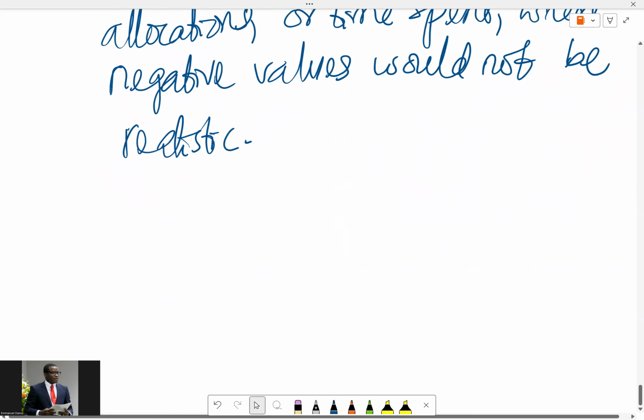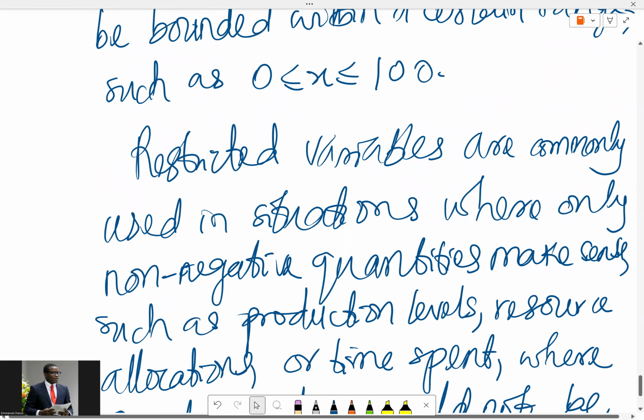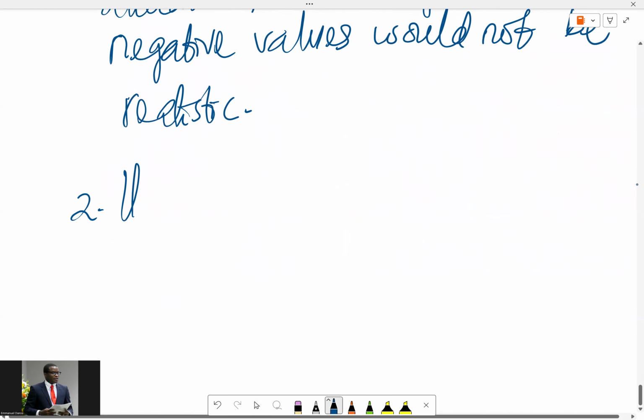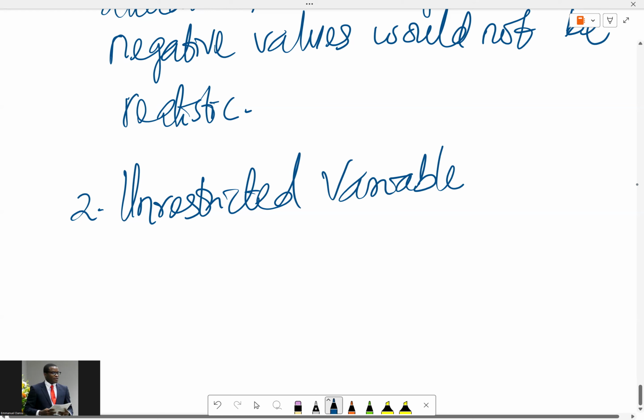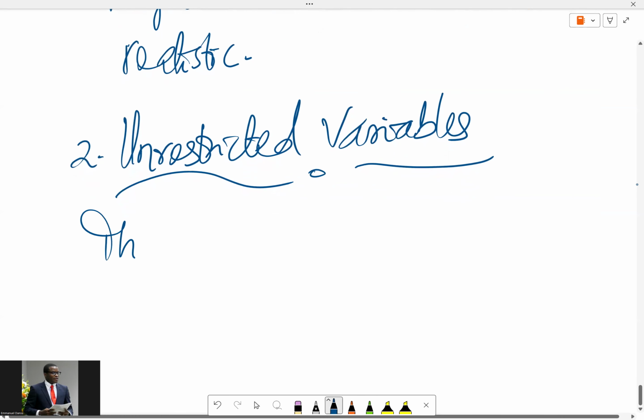Then we also have unrestricted variables. As the name implies, there is no boundary and no condition imposed on them.